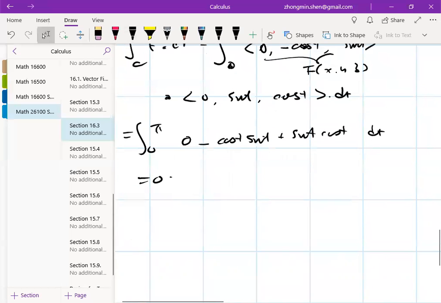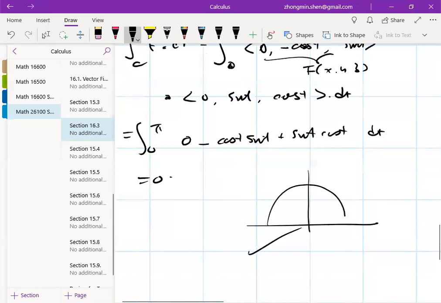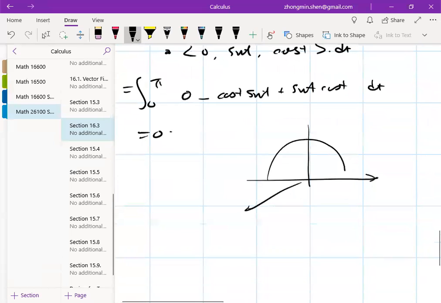Now you go back to this problem. The vector field is going to be just x, y, z, right?